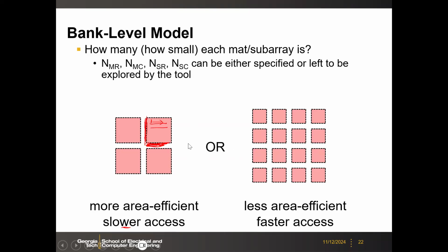And for the DRAM or NAND flash, you want this as large as possible, assuming you satisfy the timing requirements. So there are many design choices, depending on the application and depending on the memory's technology.